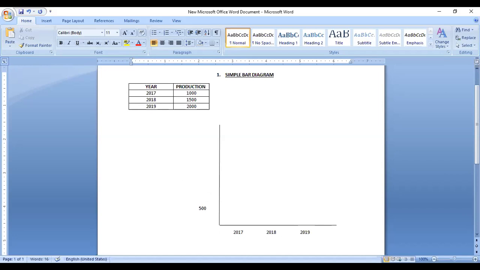Then 1000, 1500, then 2000. The simple bar diagram I am explaining. This is y axis.